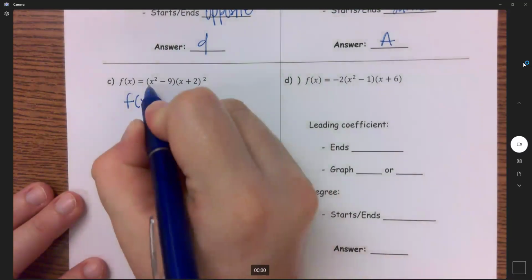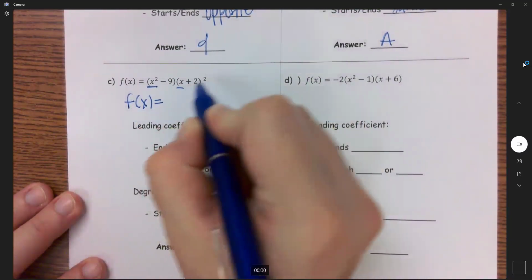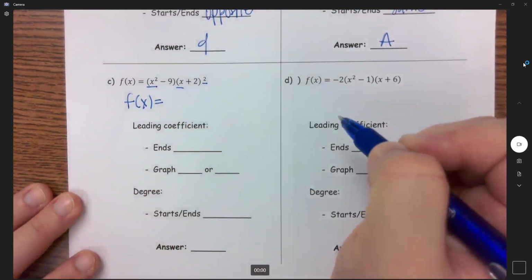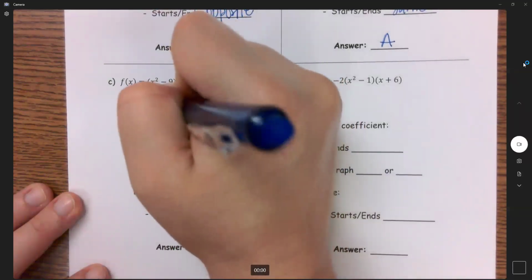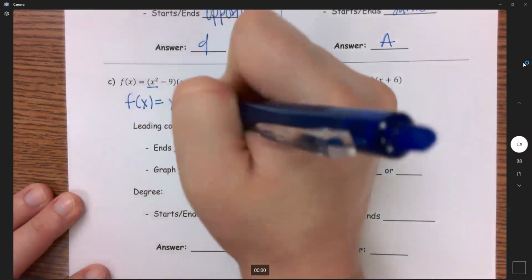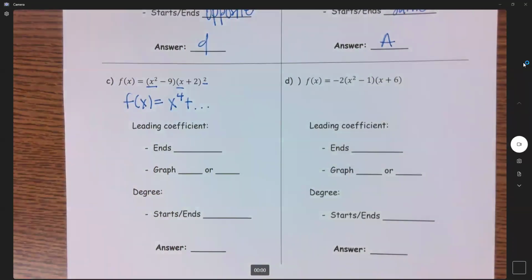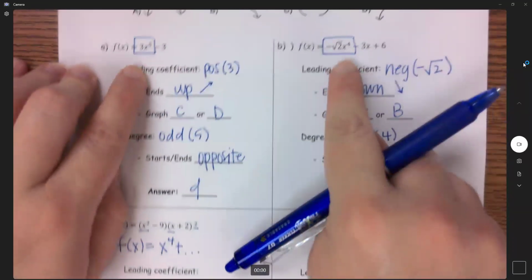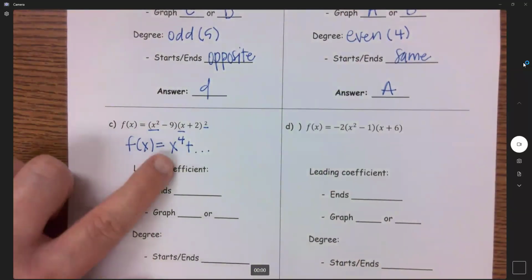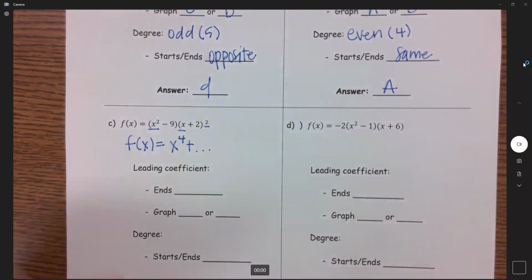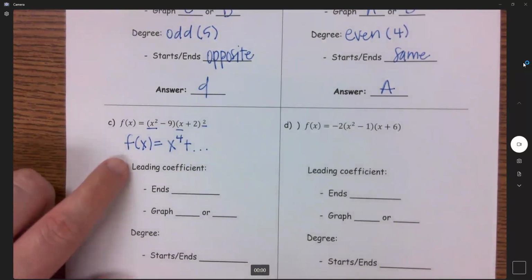So here I have an x squared, I have an x, and it's also going to be squared. So if I have 2 x's here and 2 x's here, I'm going to have x to the 4th plus, I have no idea what's going to be behind it. But again, all we're looking at is that leading term. So if my leading term here is x to the 4th, do we have a positive or a negative coefficient?